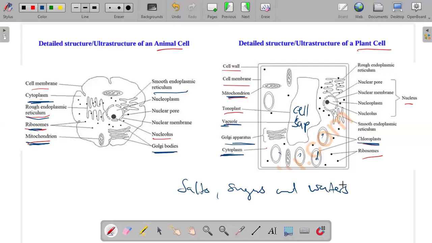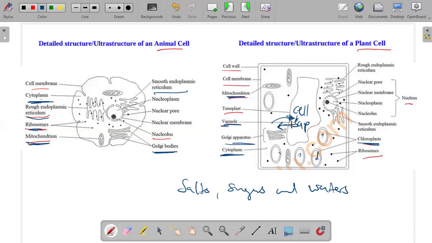Now, the concentration of the cell sap plays a role in the movement of water into the cell and out of the cell. We'll get to understand in further lessons that if the inside is more concentrated than the outside, then water is going to go inside the cell.